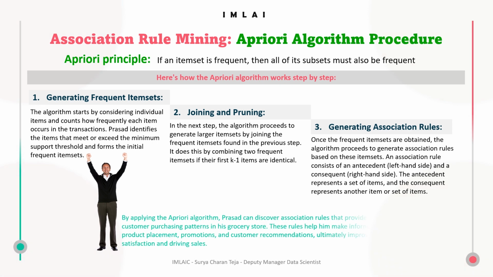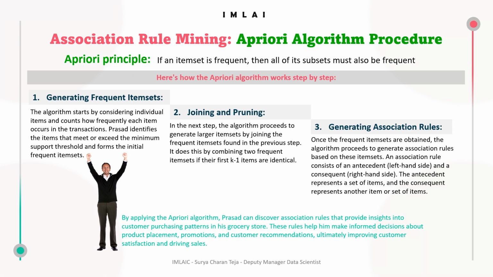By applying the Apriori algorithm, Prasad can discover association rules that provide insights into customer purchasing patterns in his grocery store. These rules help him make informed decisions about product placement, promotions, and customer recommendations, ultimately improving customer satisfaction and driving sales.